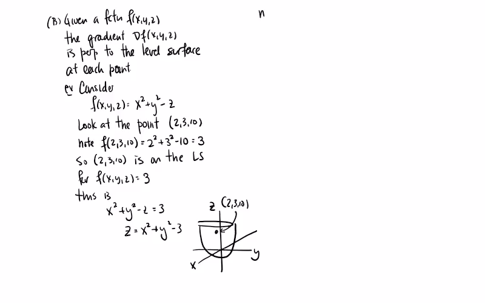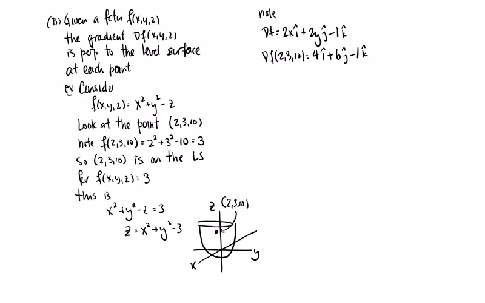So if we find the gradient of f, it's 2xi, the derivative with respect to x, with respect to y, with respect to z. The gradient at our point, 2, 3, 10, is 2x i plus 2y j minus 1k.